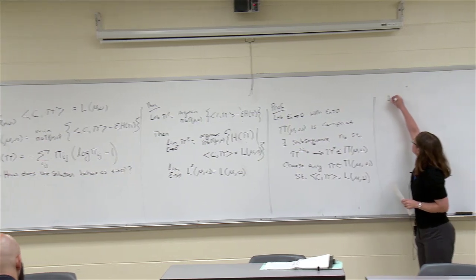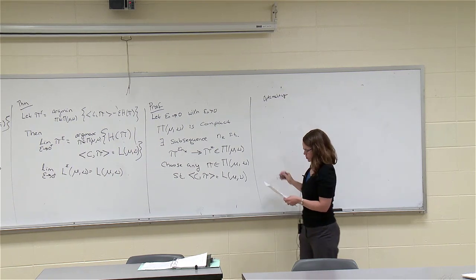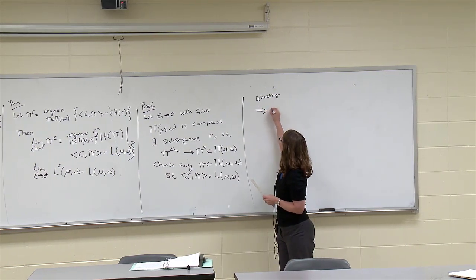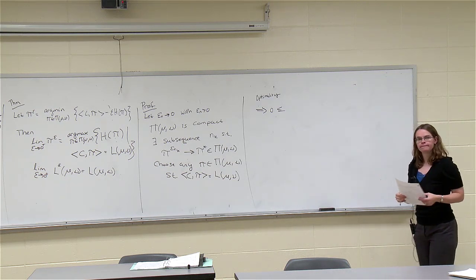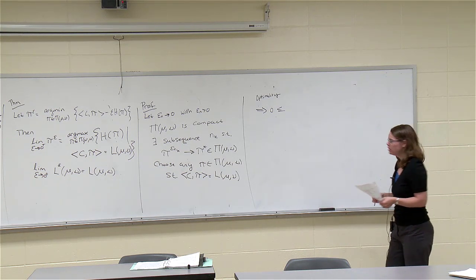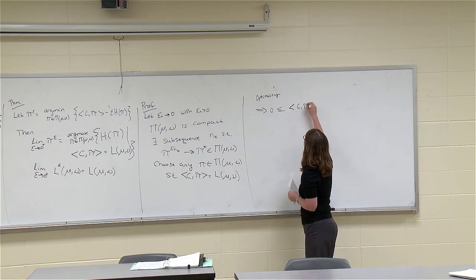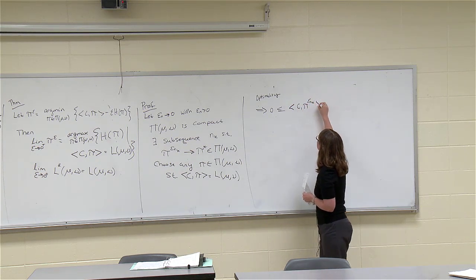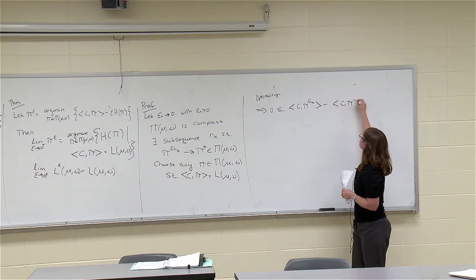So by optimality, I should get that, if I look at my original objective function, pi epsilon is going to give me a bigger value than pi.